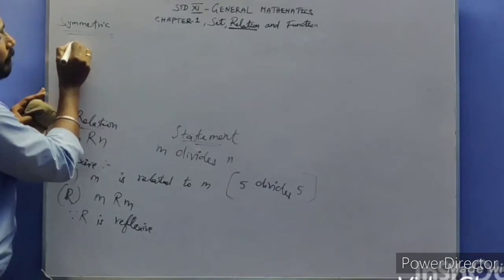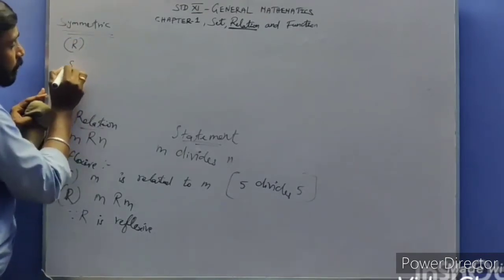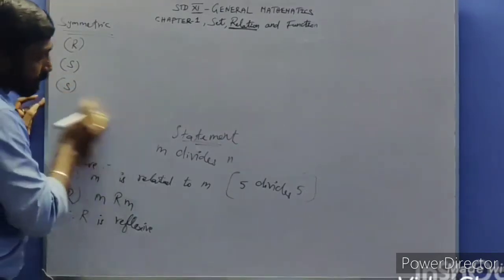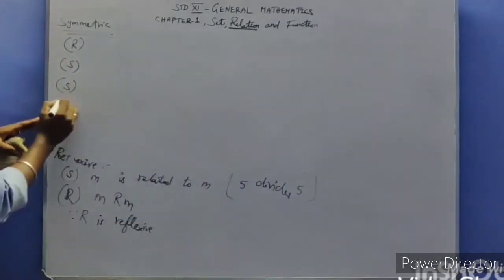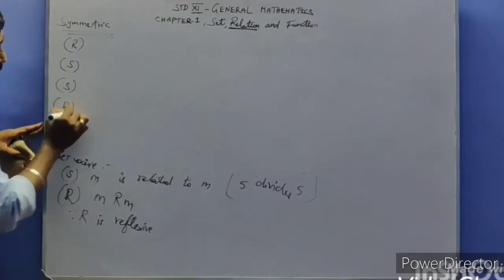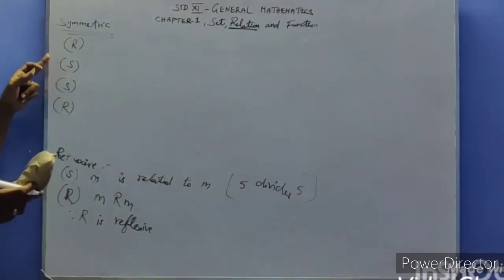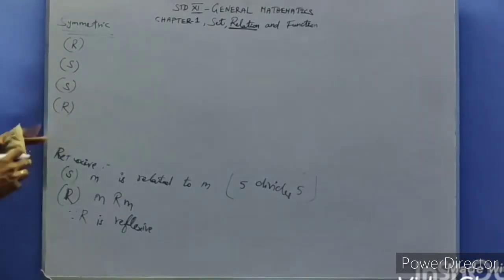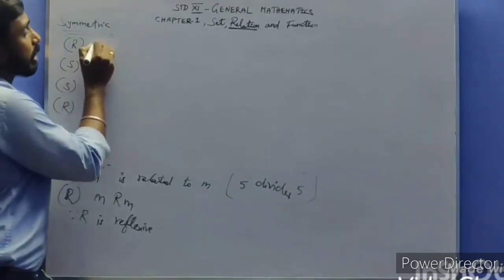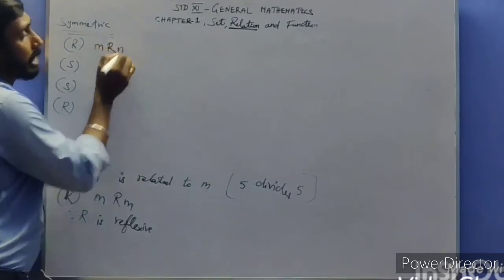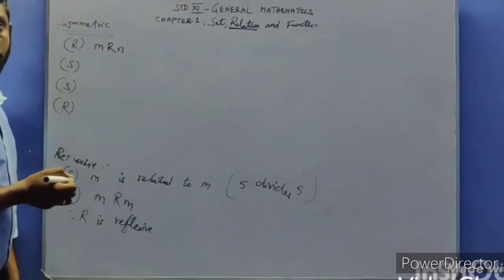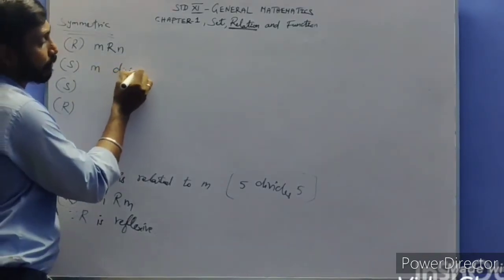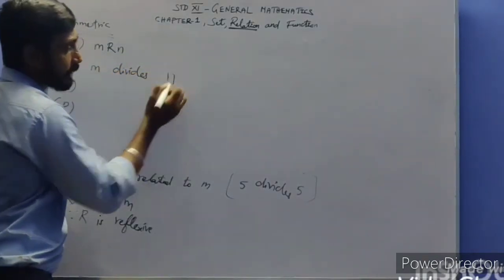There will be two statements and one relation, then two statements, then you have to find out the relation. First they are giving m related to n. M related to n means the statement is m divides n.